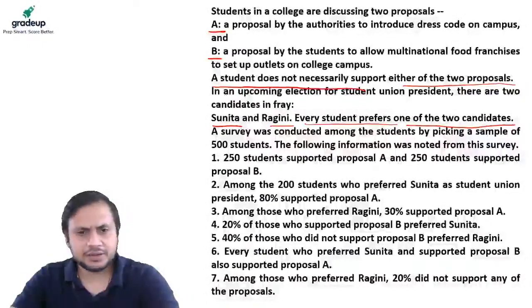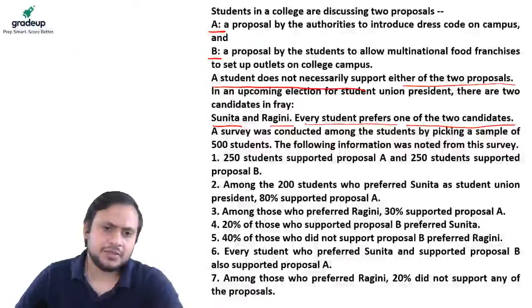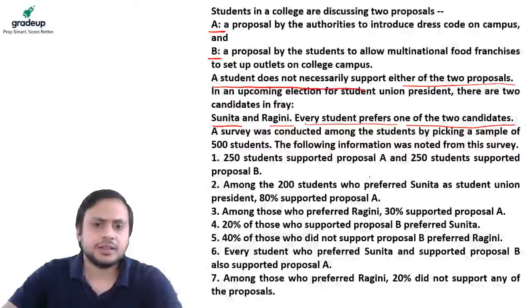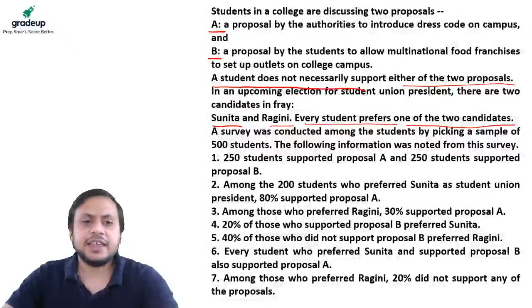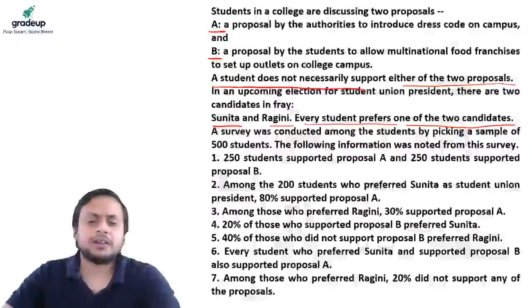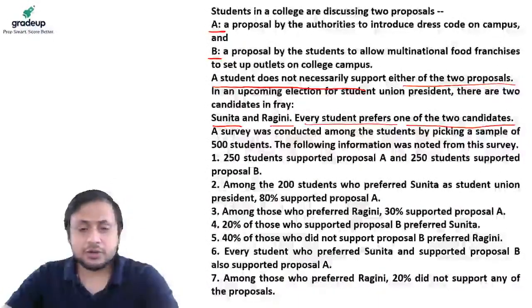Now they are giving us certain information. By the way, notice one thing. Regarding A and B, there can be some people who are supporting neither A nor B, and some people who are supporting both A and B. So ideally we should form a Venn diagram.